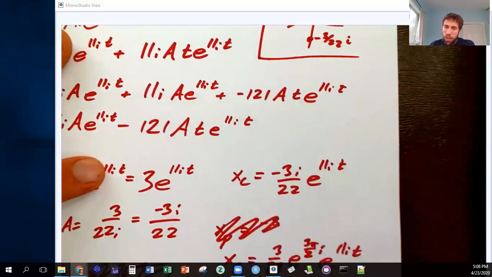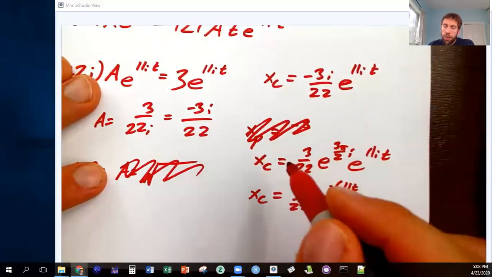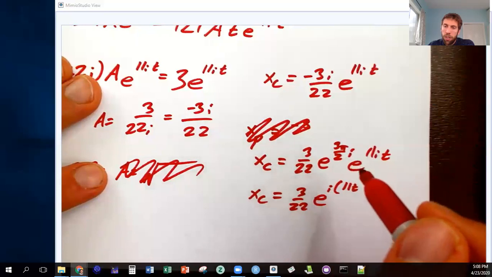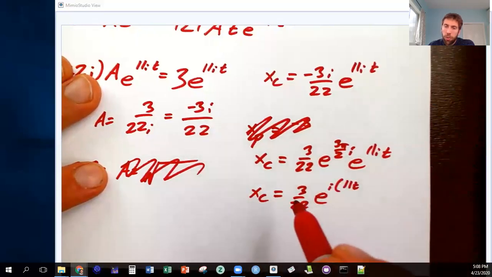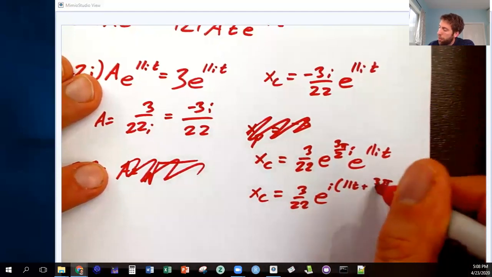Can you see that? No, you can't. So x complex equals 3/22 e to the 3π/2 i times e to the 11it. x complex then equals 3/22 e to the i times (11t plus 3π/2).